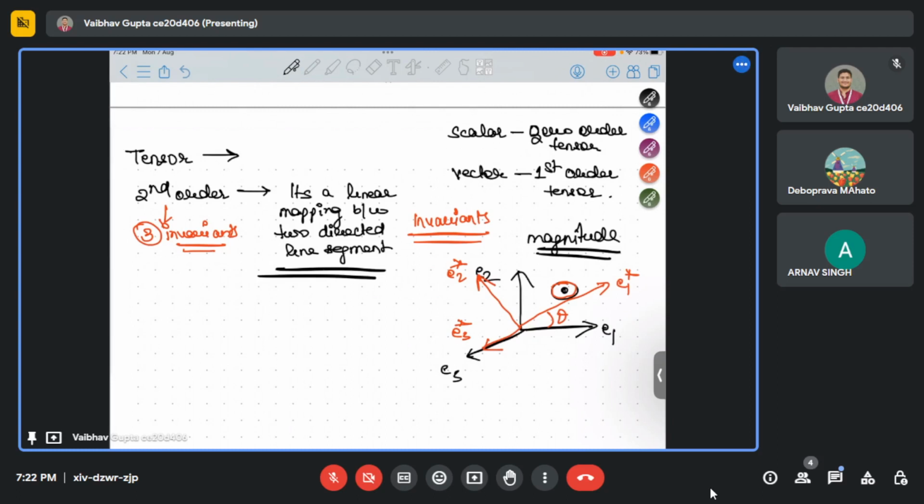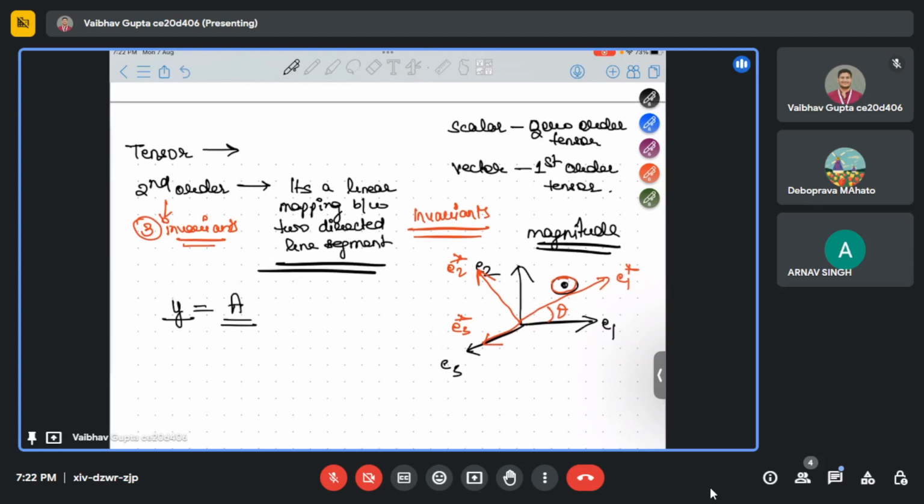How will we denote this? Suppose y is a vector, and A is a linear mapping on x. X and Y are vectors and it is mapped with the help of A. The double dash means second order tensor. Wherever you see double dash, it means second order tensor.